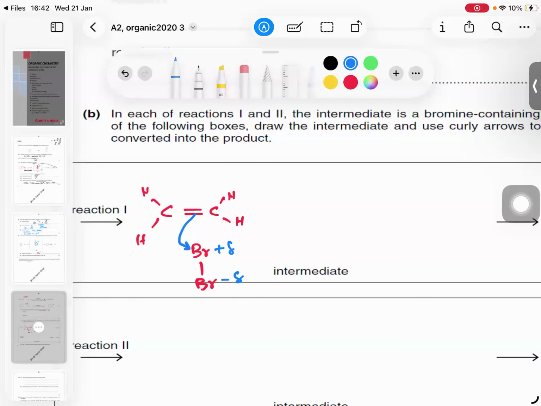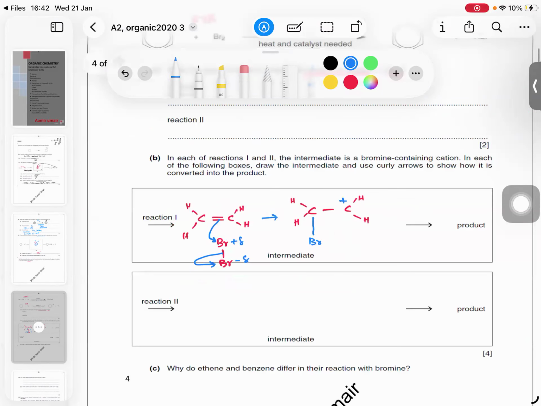In order to accept the electron pair, the bond between the two bromines breaks heterolytically, and the intermediate formed is like this. One of the bromines is going to attach, let's say here, and that bromine is getting a positive charge.